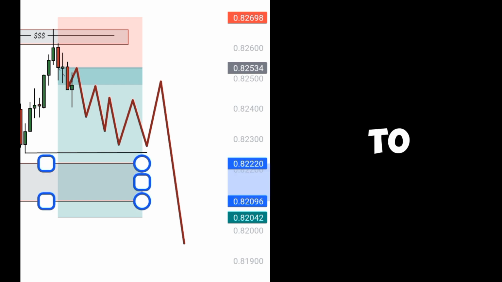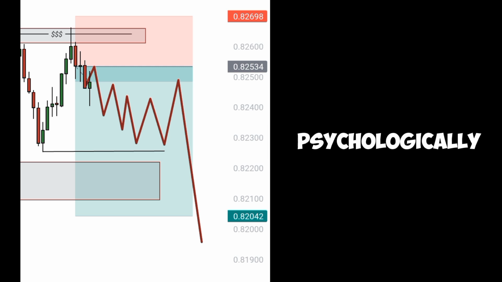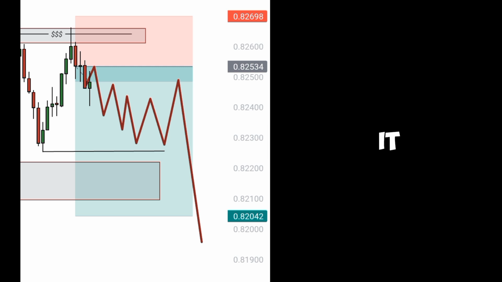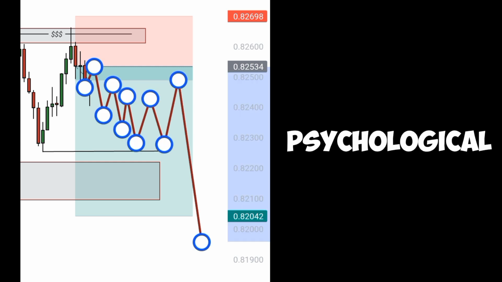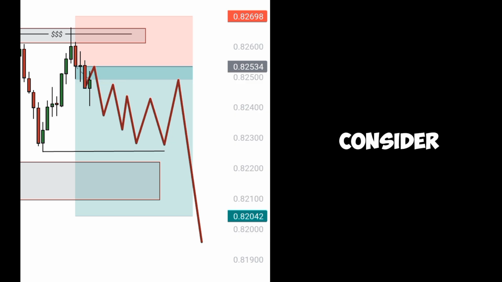Can you hold on to a trade that makes this kind of moves? It can be quite painful, because holding on to a trade that keeps on dancing around can be psychologically painful. Yeah, it really can be. So can you deal with the psychological pain that comes with holding on to a trade and the trade is just dwindling and dangling? So that's one thing you want to consider.